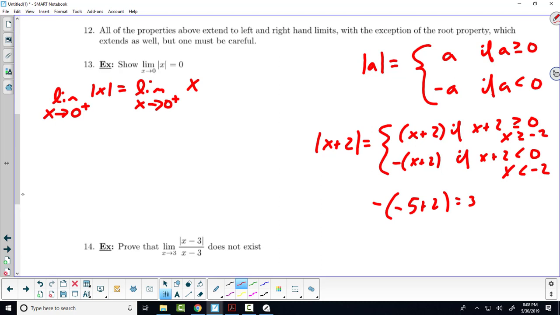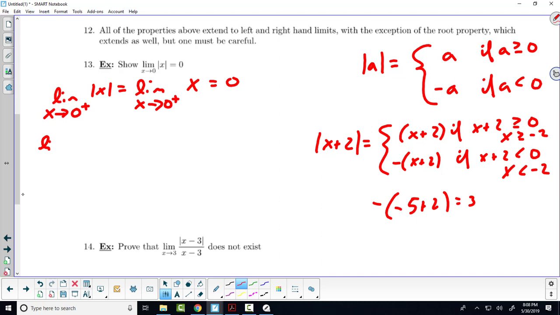With the direct substitution property. No work required. We just say that that's equal to 0. What did I do? I replaced the x with the limiting value 0. That was one way. We approached from the right.